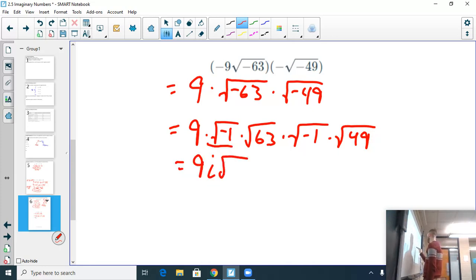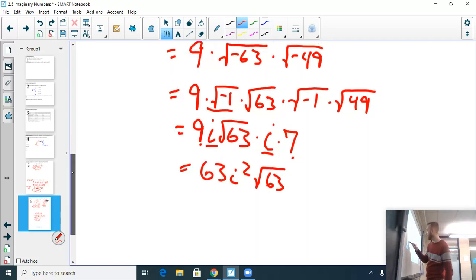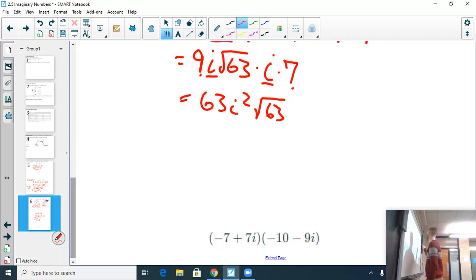That's i square root of 63 times i square root of 49 is times 7, right? 9 times 7 we can do is 63. We have i times i, which is i squared, and then we have the square root of 63. And then i squared is negative 1, remember? So negative 1 times positive 63 is going to be negative 63.